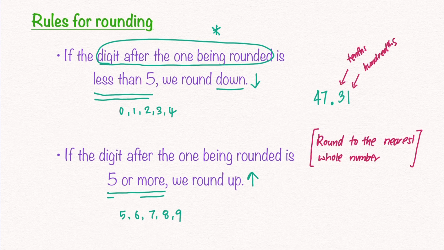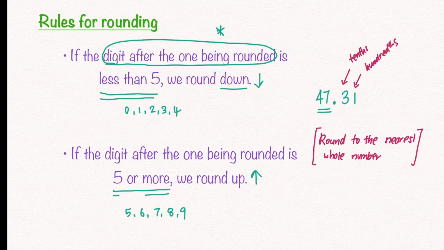Now, let's see what it means by the digit after the one being rounded. In this question, we're rounding 47 and 31 hundredths to the nearest whole number. So the one being rounded in this question is the whole number, and that equals the 47 here. The digit after the one being rounded would then be the 3. Is 3 less than 5, or is the 3 5 or more?